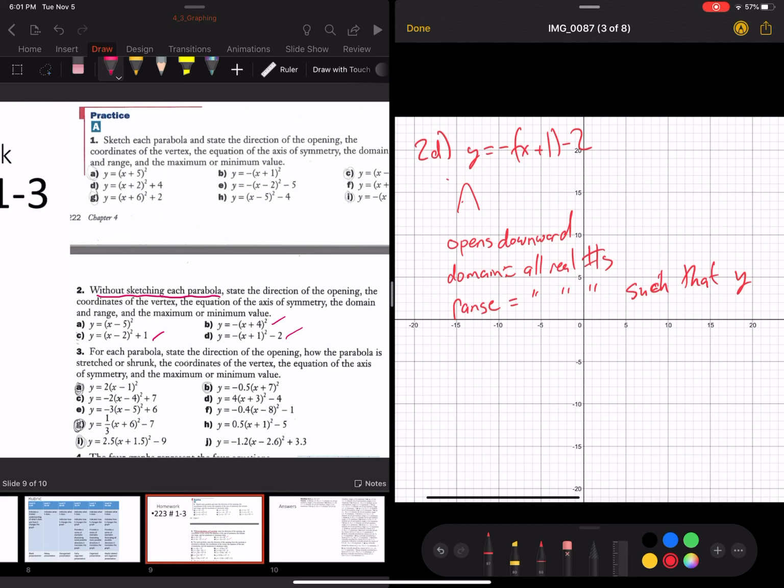Now, because it's upside down, we know that y has to be less than a certain number. Now, less than what number? We get that from there. Y has to be less than or equal to -2. Because remember, this shifts it down from 0 down two values.